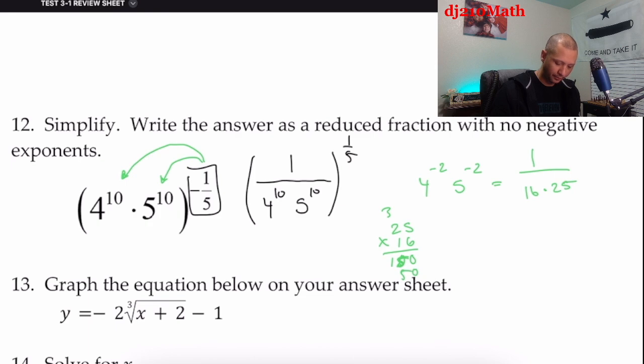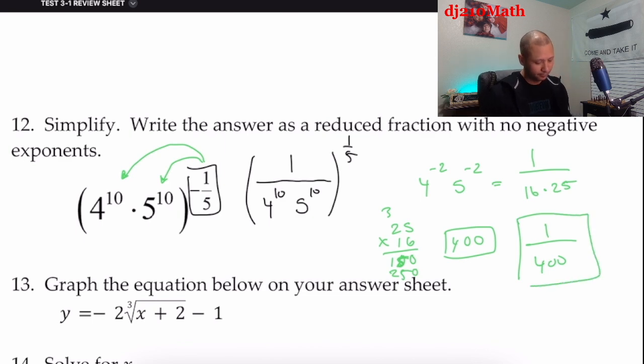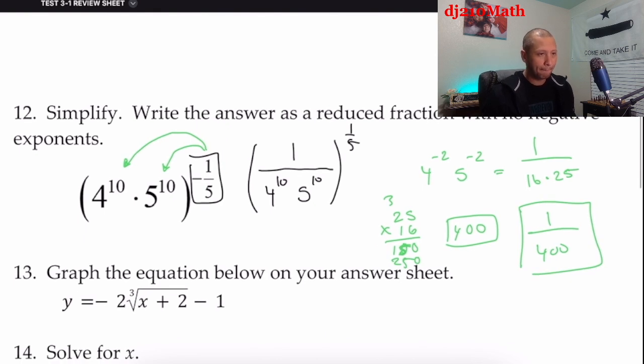So 5, 2. All right, so this is going to be 0, 10, carry the 1, 400. 1 over 400, right? 1 over 400. Okay. That one, I think that one is better to send the exponent through first.